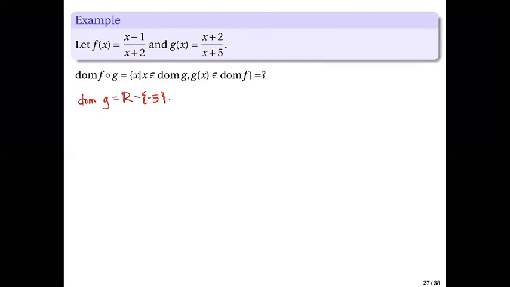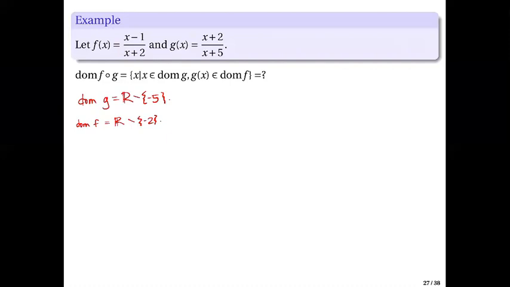But what's the domain of f? The domain of f, this is the set of real numbers except -2. Okay? So meaning, we don't want our g of x to be -2.